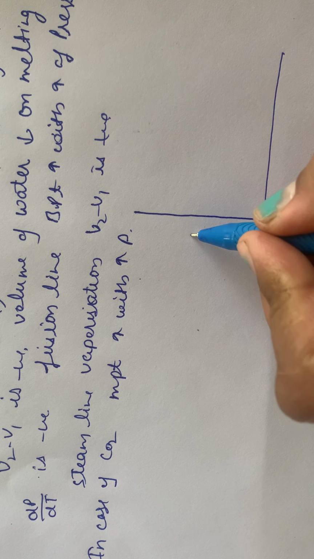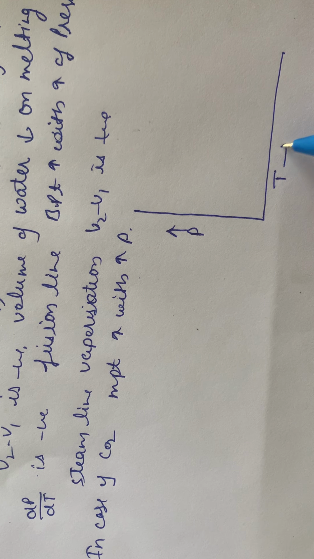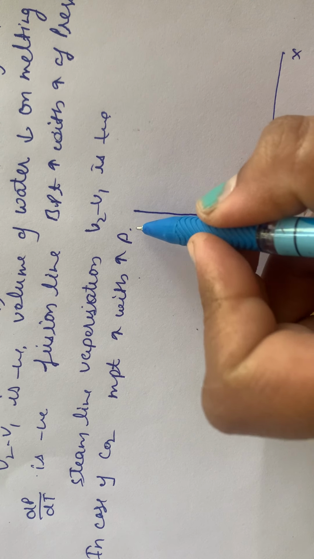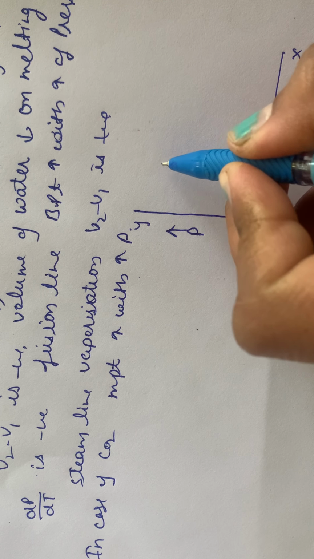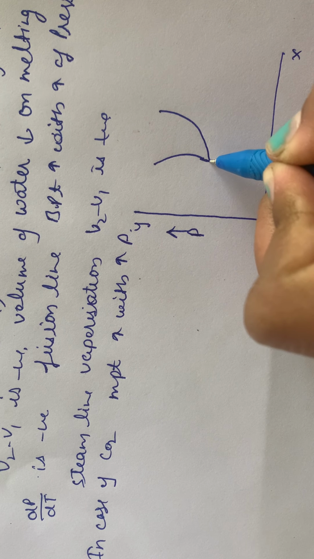On this axis we take pressure, on this axis we take temperature. This is the X axis, this is the Y axis, and the slope for CO2 is this.